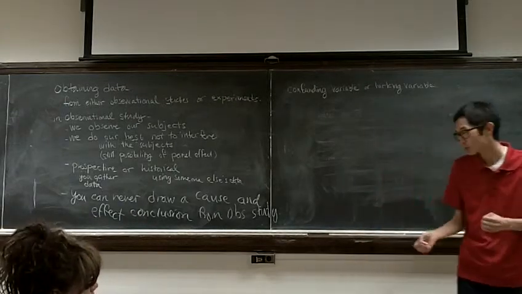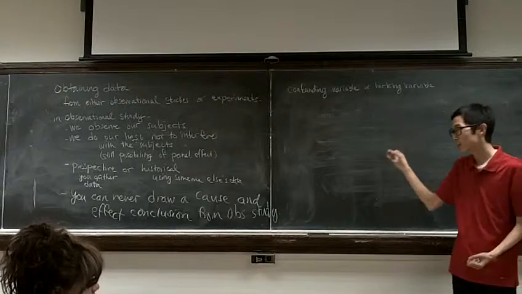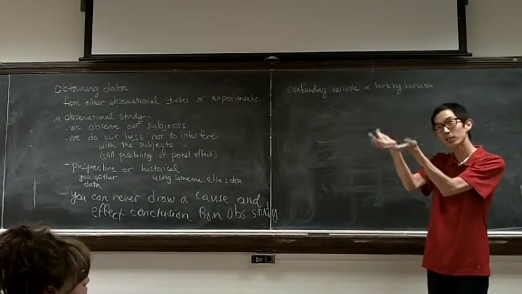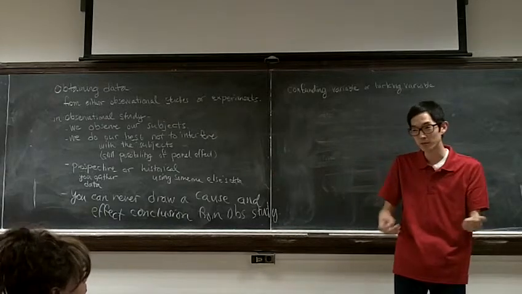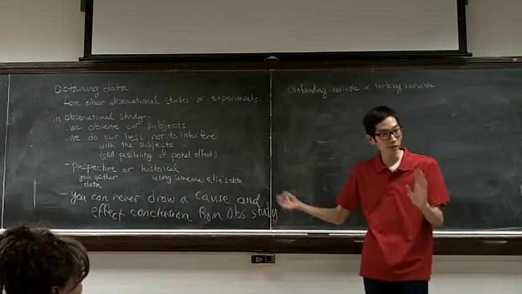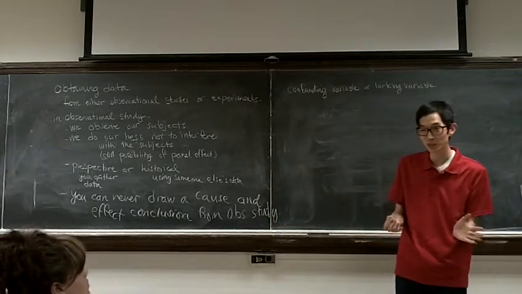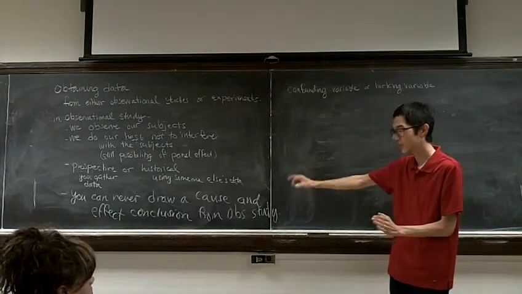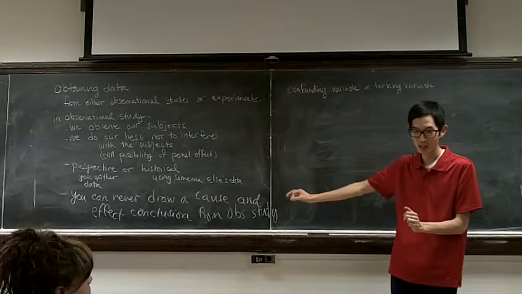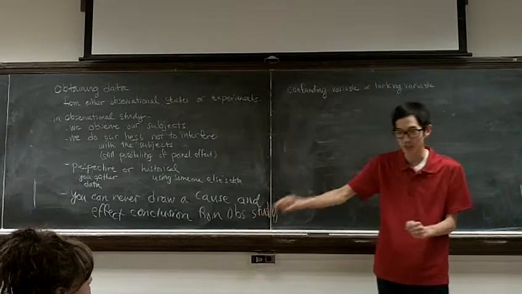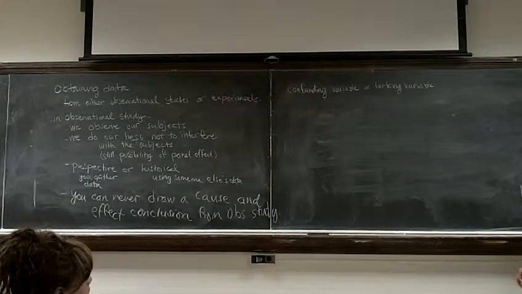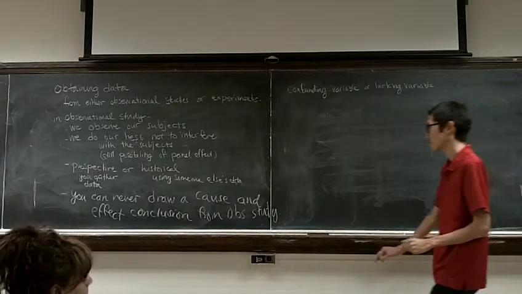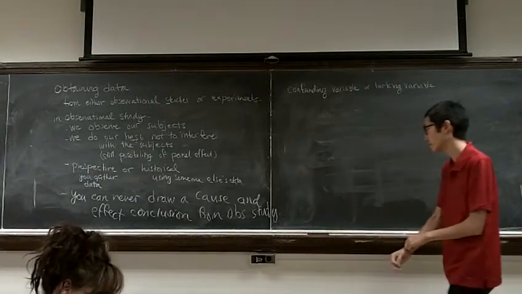So there's other things that go on, and just because you see two things happening together doesn't mean one causes the other. There could definitely be a cause and effect relationship. However, you cannot just from observation alone say this definitely causes the other thing. So you can never draw a cause and effect conclusion.